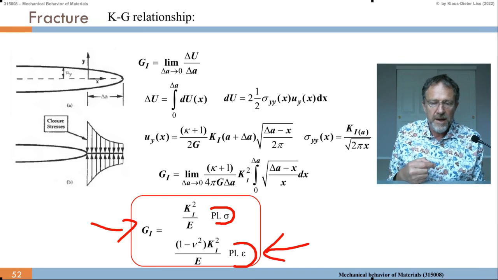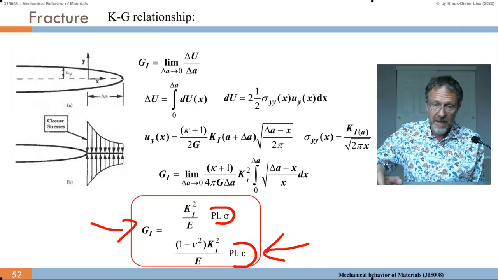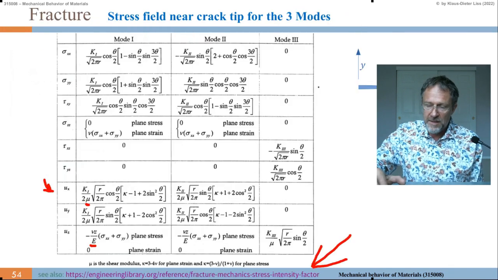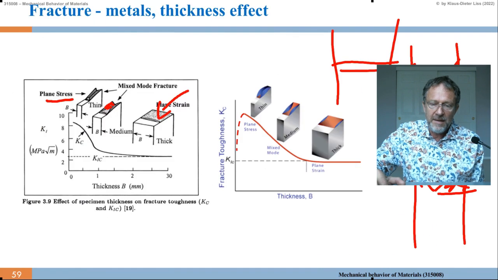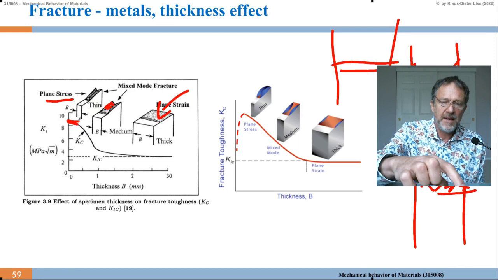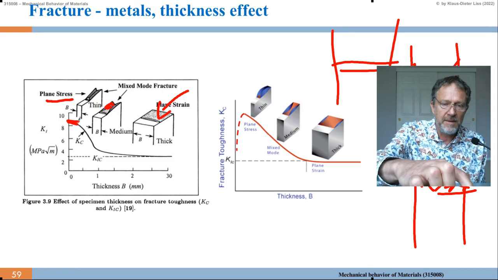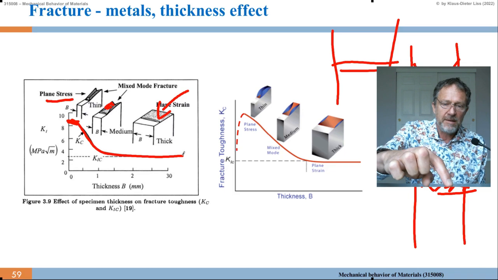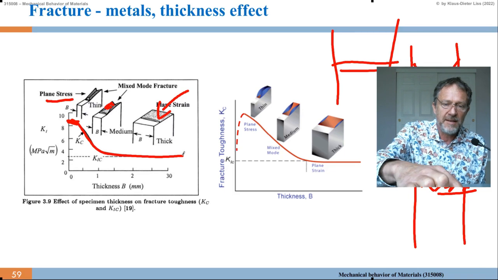So the plane stress situation is larger than the plane strain situation. And therefore we can have a larger K critical, which is large here at small thicknesses, and as thickness grows we go to an asymptotic value K1 critical.